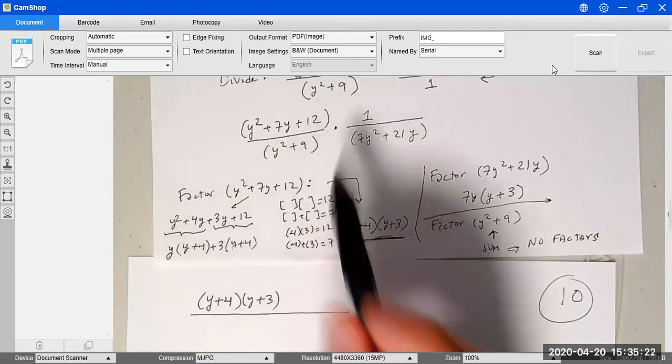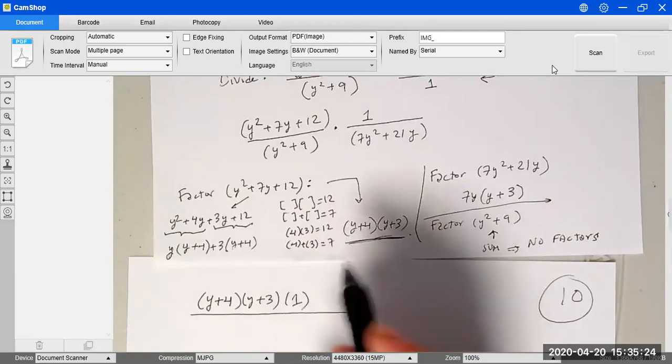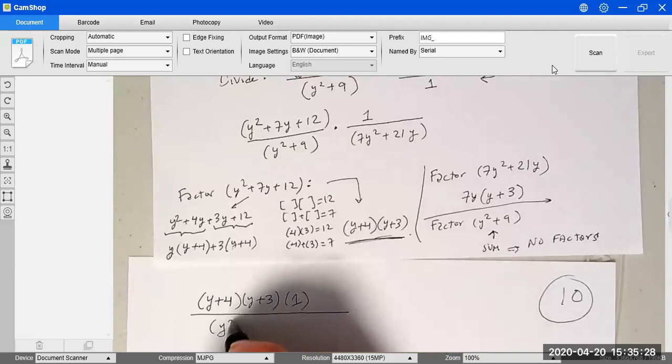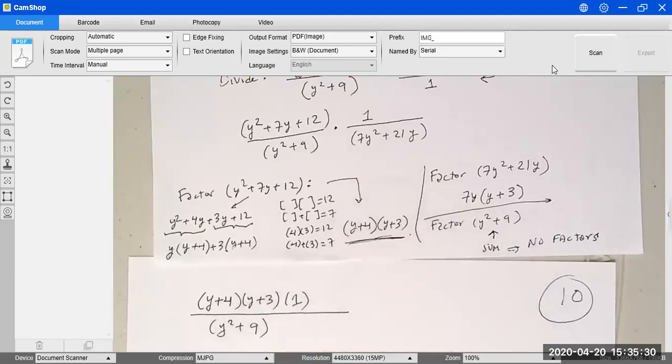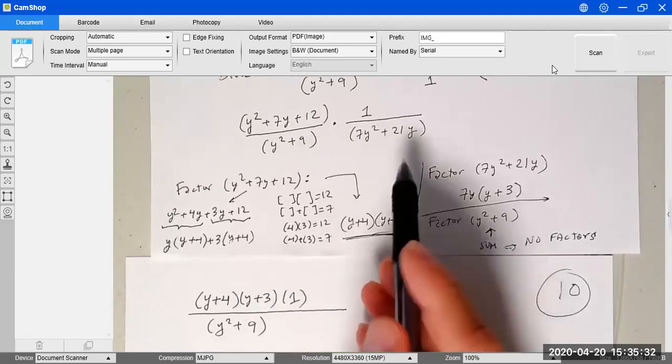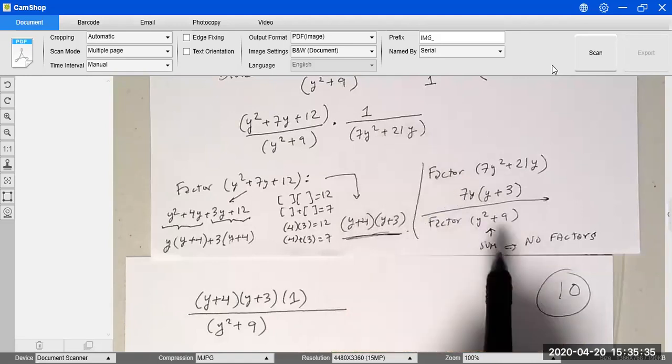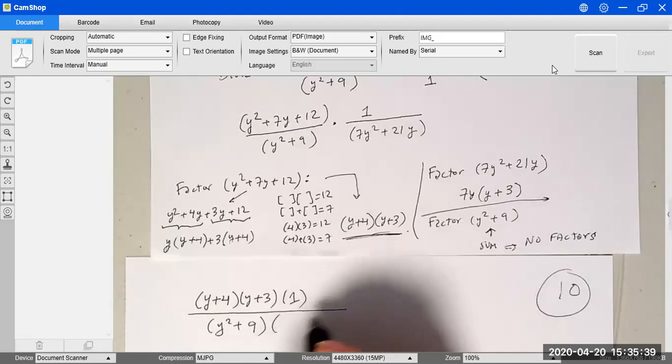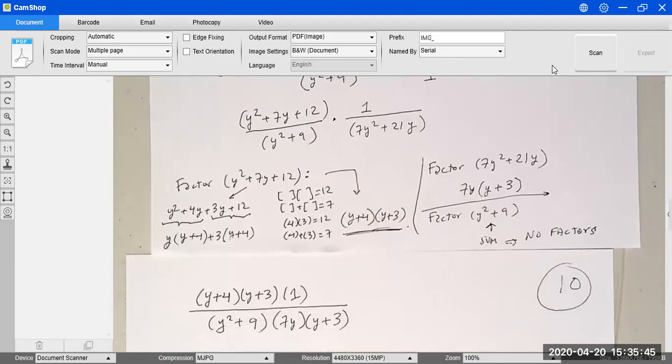Then I have just number 1 there. Then the denominator, we said that we cannot factor y squared plus 9, so it's going to stay there. And finally, this denominator can be written as 7y that multiplies y plus 3.